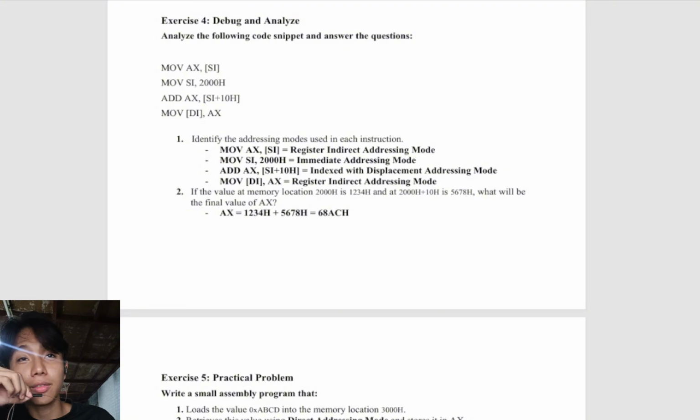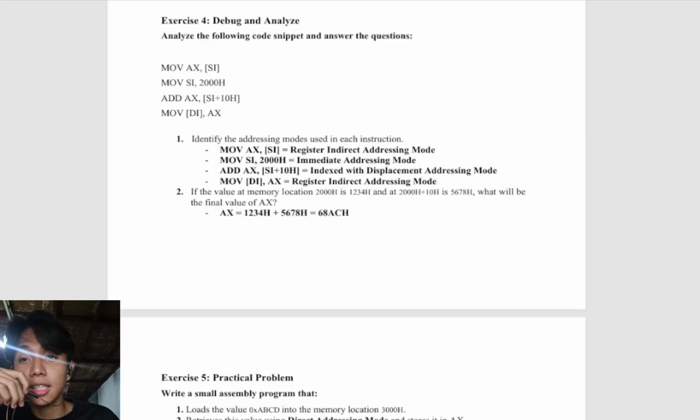AX starts with the value from memory 2000H, which is 1234H. Then it adds the memory at 2010H, which is 5678H. You just add those two and you get 68ACH.